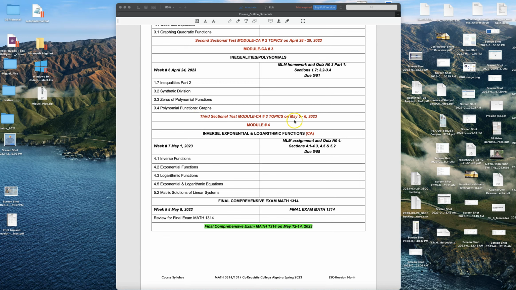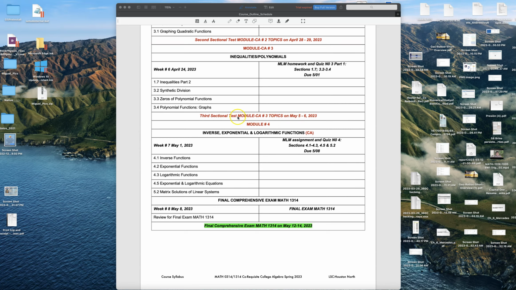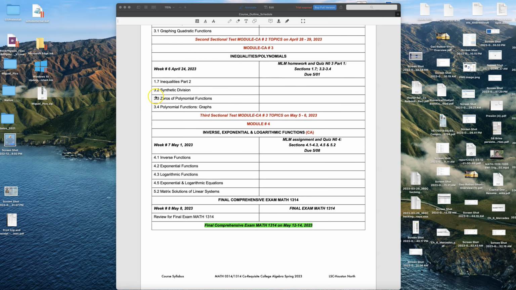This week, on May 5th, this coming Friday, you are going to have another sectional test. I know that last week you took the second sectional test, but this is the way this course is conceived. We have only 8 weeks. So to help you, in this third sectional test I'm going to assess only sections 1.7 and 3.2.